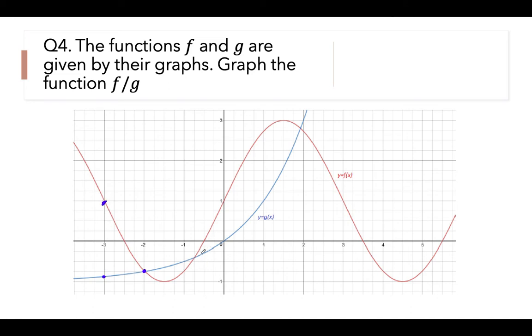And we could pick at, why don't we pick something here? 0, this one, and then this one. And we could pick a point at, let's say, 1 and at 3.